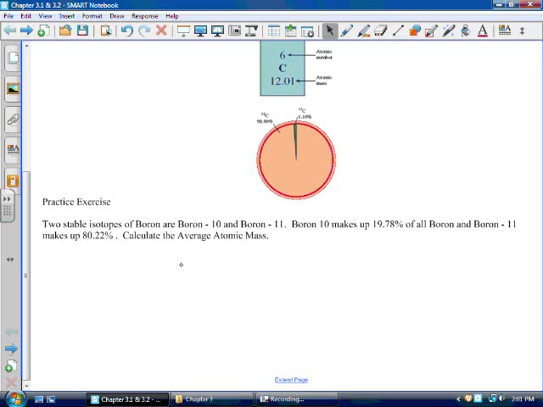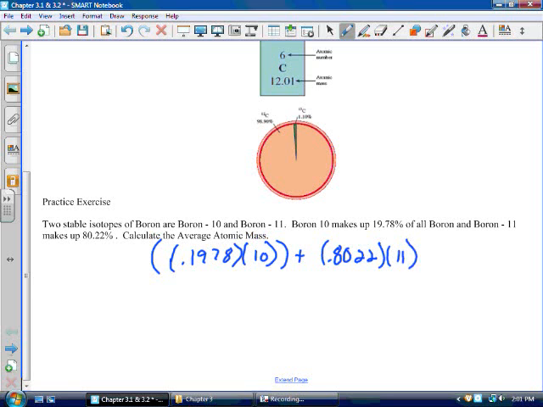So I would take 0.1978 times 10, plus 0.8022, which is the percentage of boron-11 expressed as a decimal, times its mass, 11, and I would simply add those up to get the average atomic mass. I'll let you finish that up, and I want to see that in your notes whenever I check them.